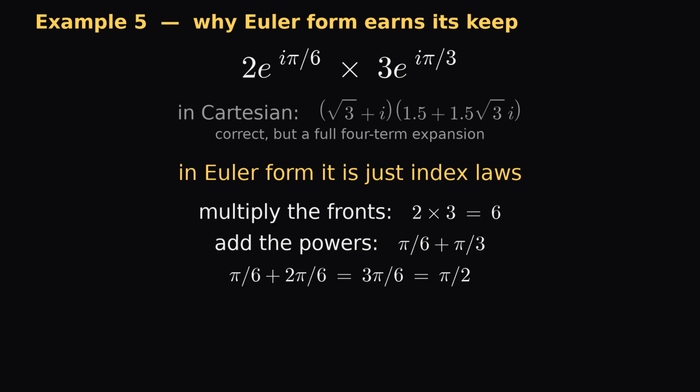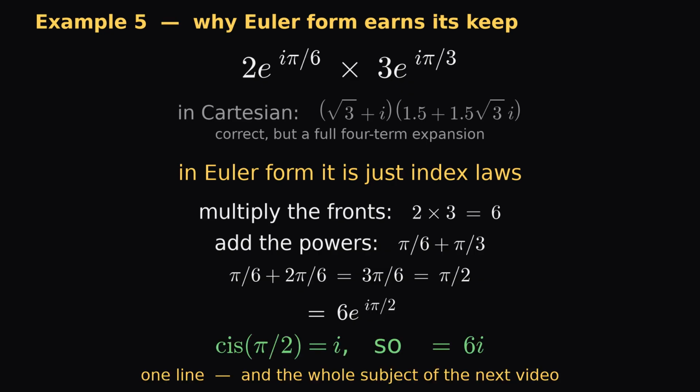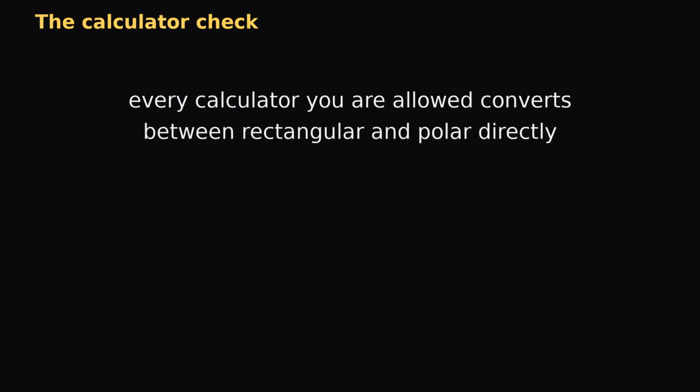Common denominator 6. Pi over 6 plus 2 pi over 6. 3 pi over 6, which is pi over 2. So 6e to the i pi over 2. And cis of pi over 2 is just i. So the answer is 6i. One line. And that is the entire subject of the next video.